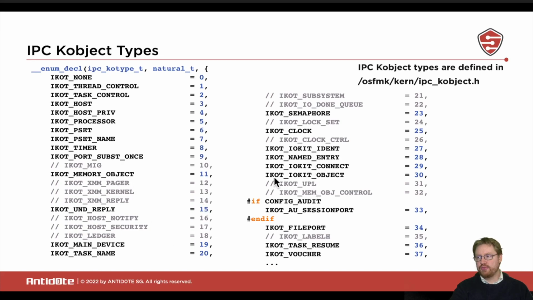For IOKit objects, it will actually point to a C++ object that represents the specific IOKit object in kernel land. File ports are a little bit special because they are actually not pointing back to a Mach data structure. File ports actually point to a BSD style fileglob structure. So that points into a data structure coming from the BSD part of the kernel.